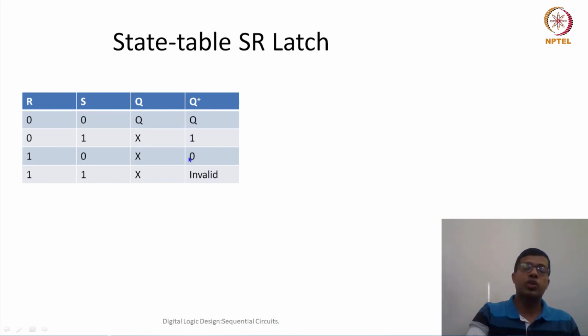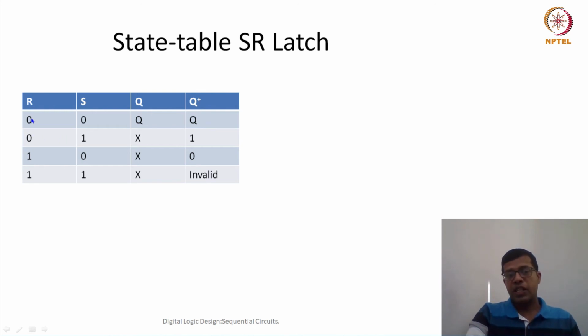We are not calling it a truth table, we are calling it a state table because this value is the state which we are trying to remember. When R and S are both 0, whatever Q was, whether 0 or 1, the next state is also going to be Q. So if Q was 0, Q plus, the next state of Q, will also be 0. If Q was 1, the next state is also 1.